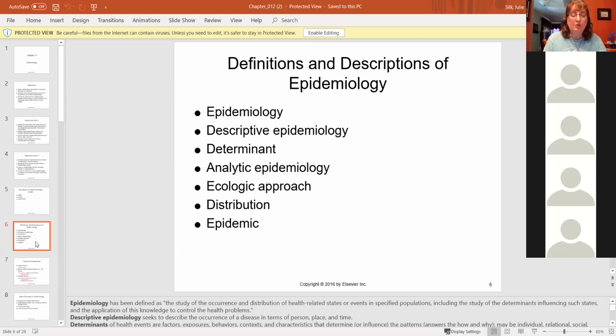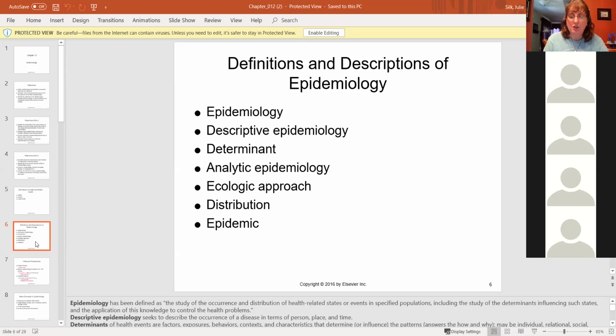Determinant is factors, exposures, behaviors, contexts, and characteristics that determine or influence the patterns of why and how. They may be individual, relational, social, communal, or environmental.